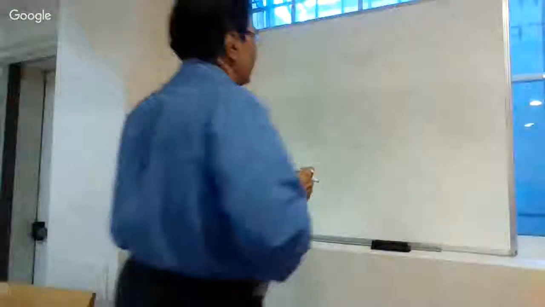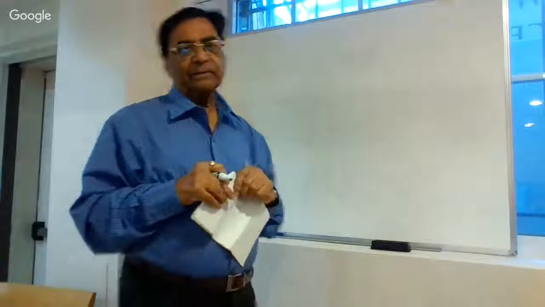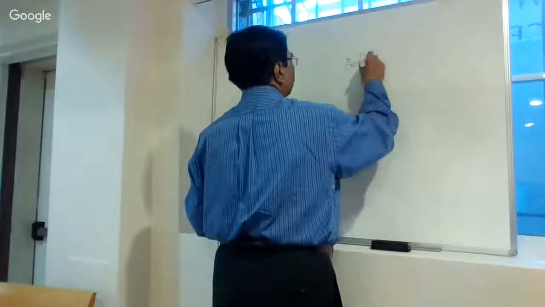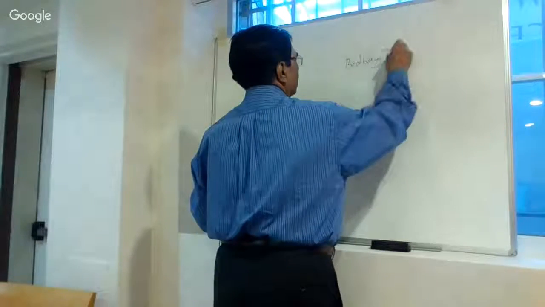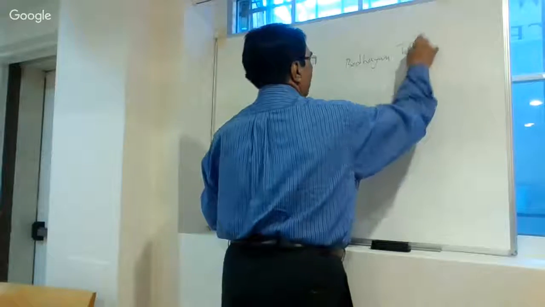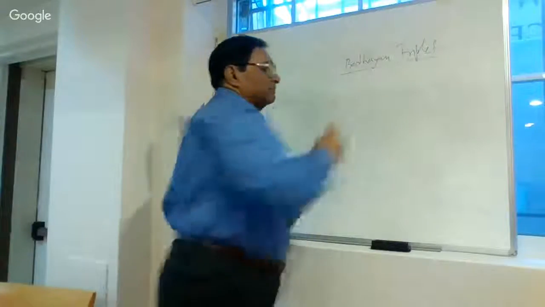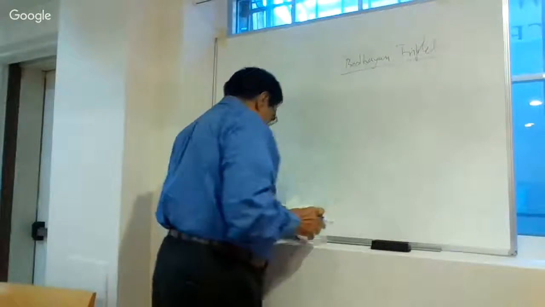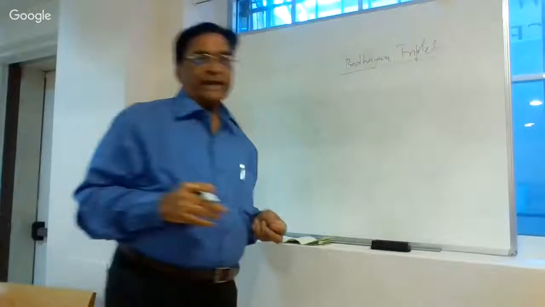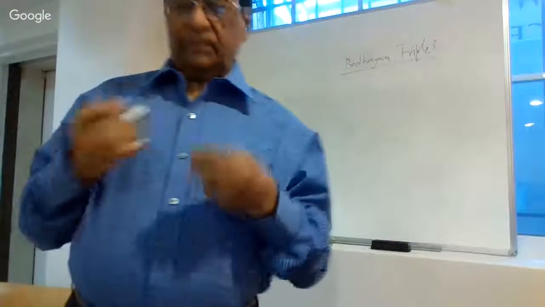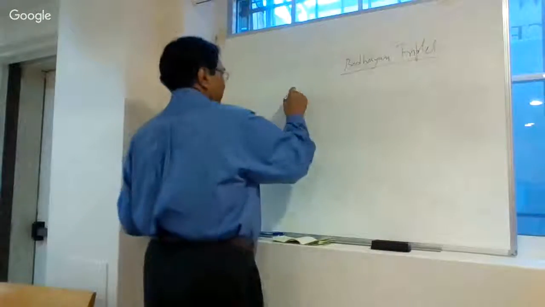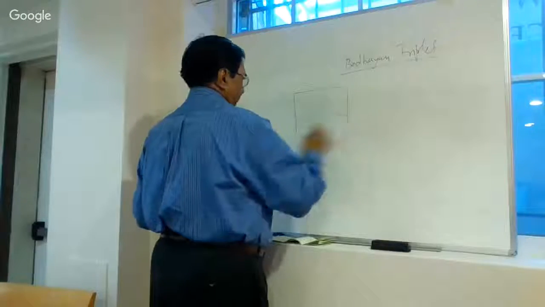Well, let us go to geometry now. There is a Pythagorean triplet. The condition is this: our Indian saint Budhayan was working in geometry and he was working with a rectangle.